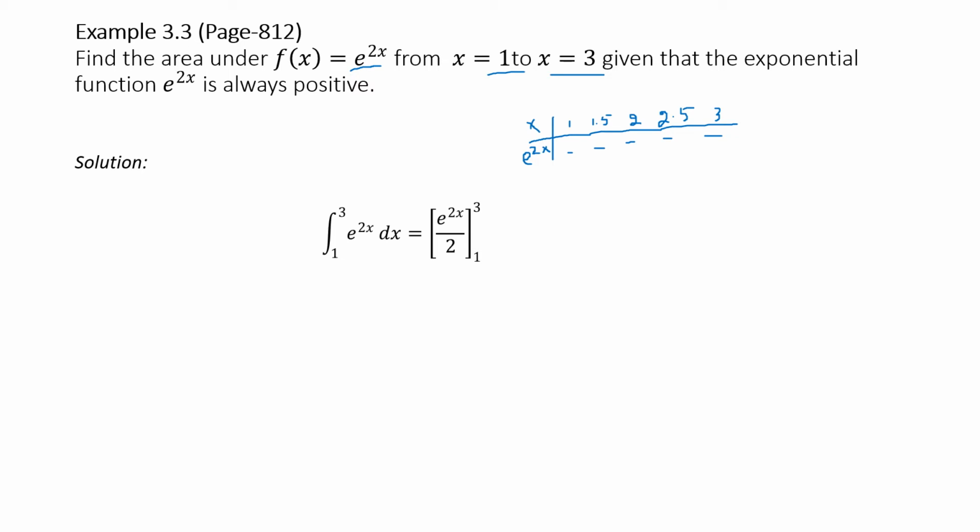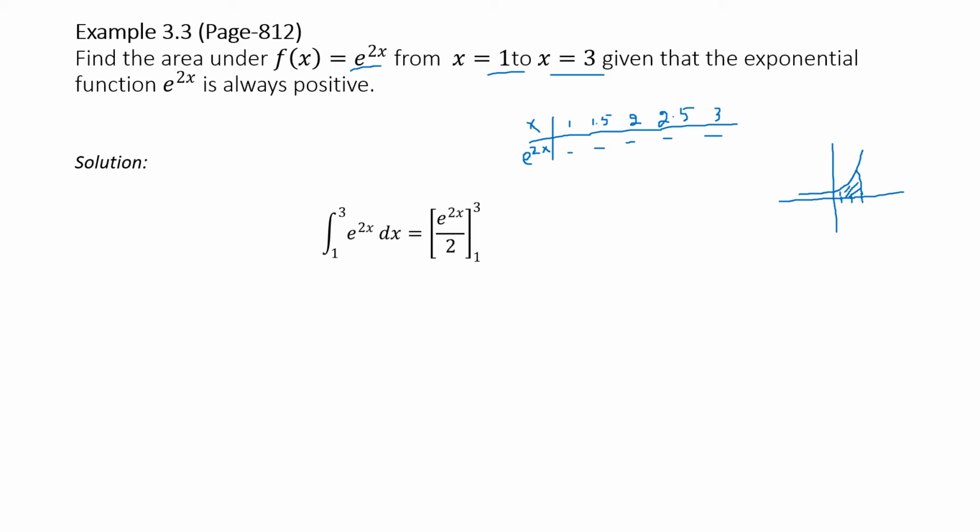Now the e^x graph is not in my mind, but I think e^0 is 1, so I think it is like this, and they are asking from 1 to 3. Well, I'm not sure, but I think the graph is like this.